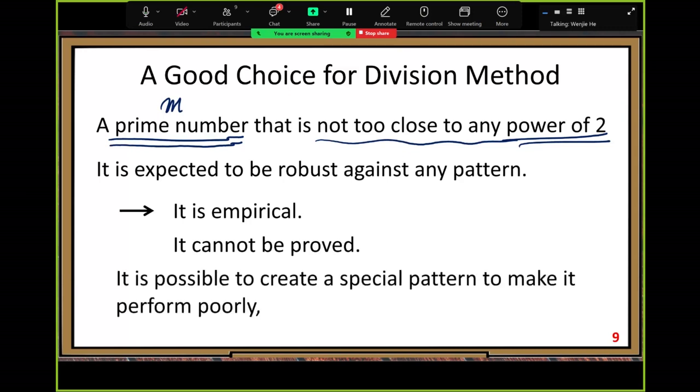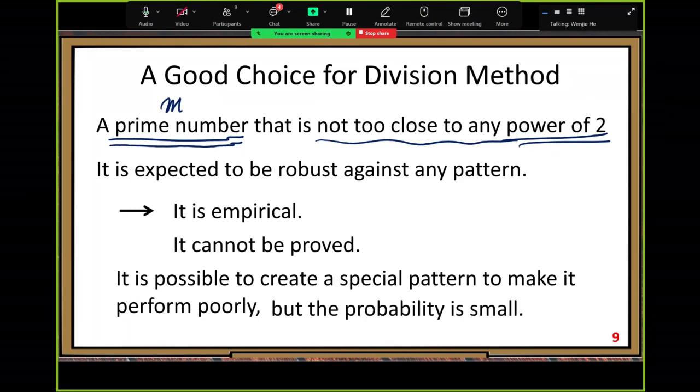It is possible to create a special pattern to make it perform poorly, because no matter how you design a hash function, there is some way. Although sometimes it's very hard, it's possible. If you create data with some special pattern, it can make this particular hash function perform very poorly.